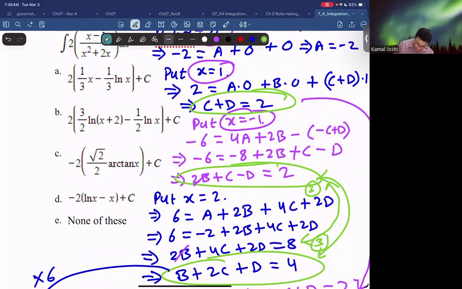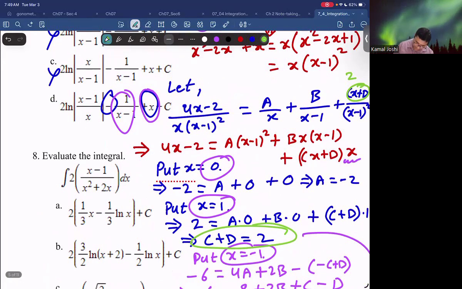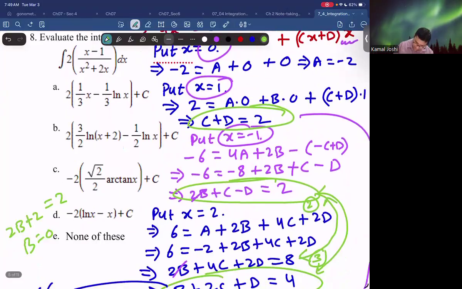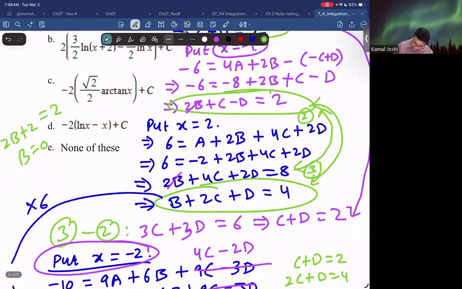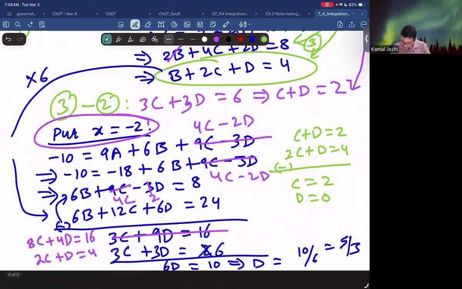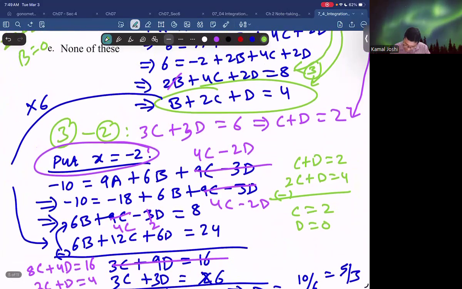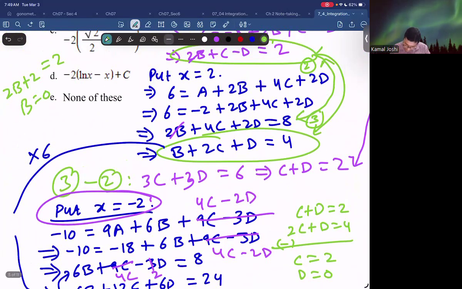So 2b plus 2 equals 2. So you get b equal to 0. So you don't get the x minus, b has to be equal to 1. How is that the case? b plus 2c plus d.